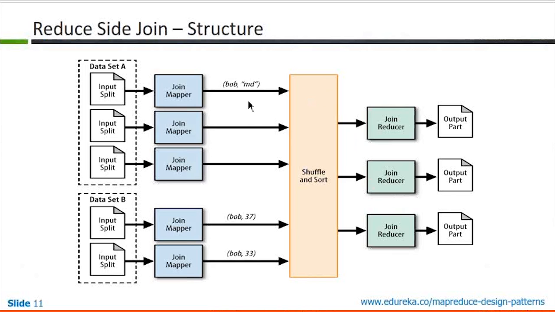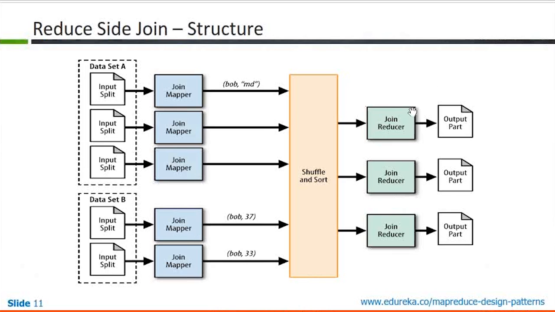And while transferring that, you also append these values with some kind of a letter which tends to identify which data set this is coming from. So in this case, probably in front of MD, you will have A appended, and in this data set B, probably you will append B in front of 37.